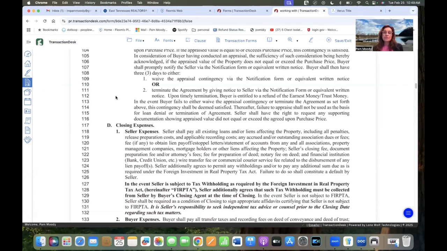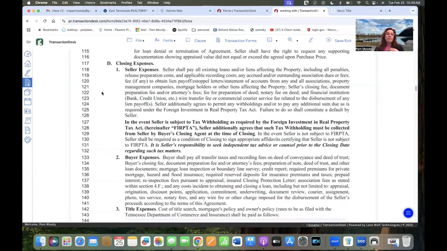At that point, buyer's entitled to a refund of their earnest money. In the event buyer fails to either waive the appraisal contingency or terminate the agreement as set forth above, the contingency shall be deemed satisfied. So this is really important. Once we get that appraisal, then we kind of move and see what else, if we need to renegotiate or walk away.